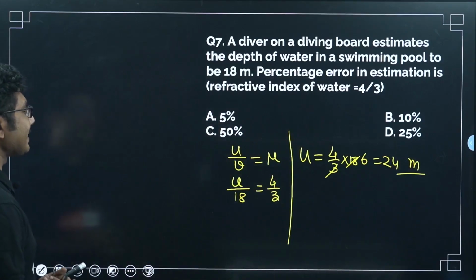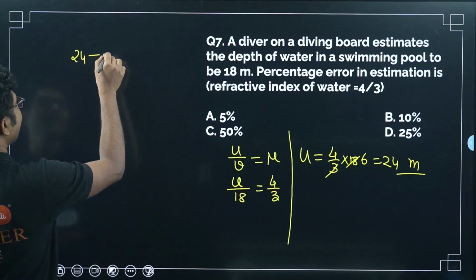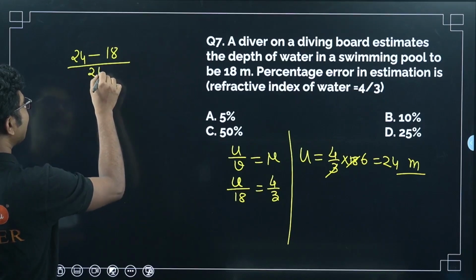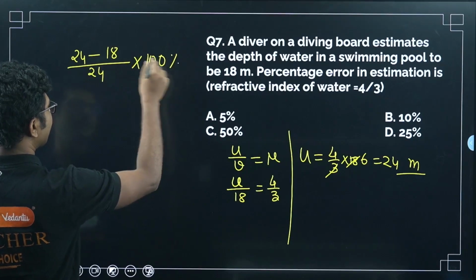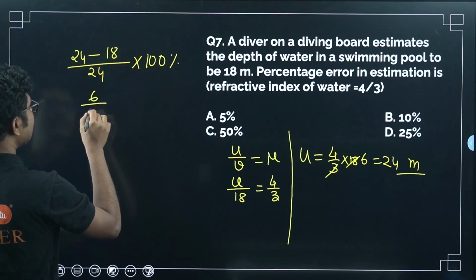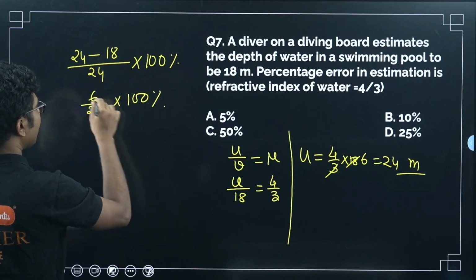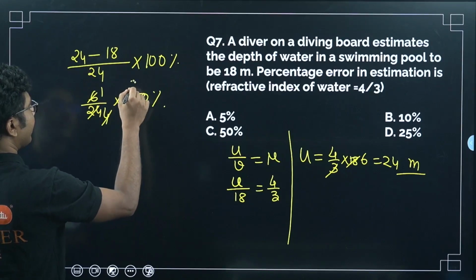Now what is the percentage error? Actual depth is 24, measured depth is 18, and percentage error should be in terms of actual depth times 100%. So 24 minus 18 is 6. 6 divided by 24 times 100%, so it will be 25%.